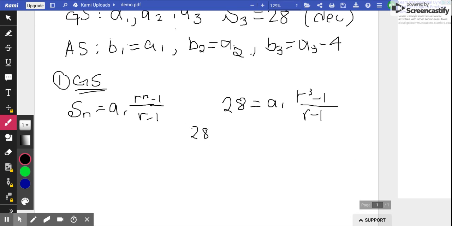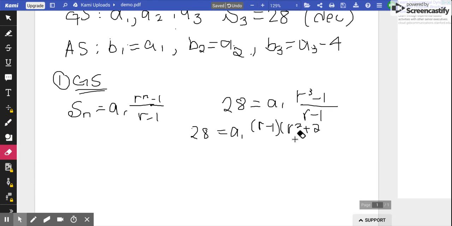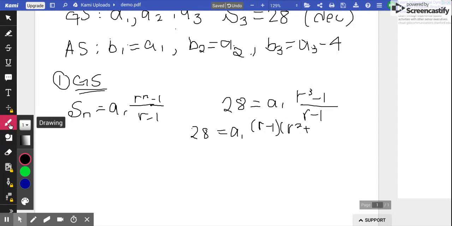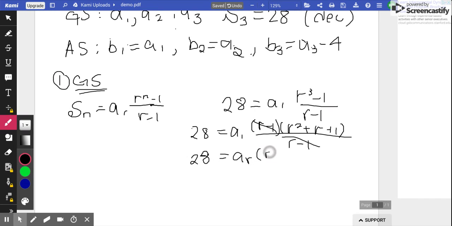So basically the result from this is going to be 28 equals A1 times r minus 1 times r squared plus r plus 1 over r minus 1. So the r minus 1 is gone, and we're just left with 28 equals A1 times r squared plus r plus 1. Here we go. So this is as good as it's going to get.